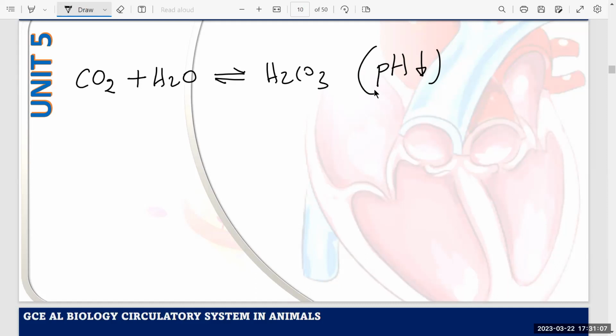Below 7, it's acidic. Above 7, it's basic. And on the pH scale, 1 is the strongest. 7 is a neutral pH, and 14 is very basic pH. That is the normal range of pH.